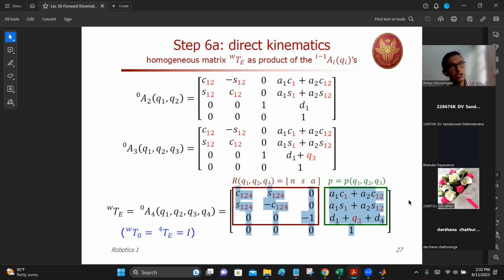So when you multiply, you get this 4 by 4 matrix that you see over here. This is the homogeneous transformation matrix of the fourth frame with respect to the 0 frame. Okay. Now you can actually extract information from this homogeneous transformation matrix. So look at the last column, first 3 elements, right?